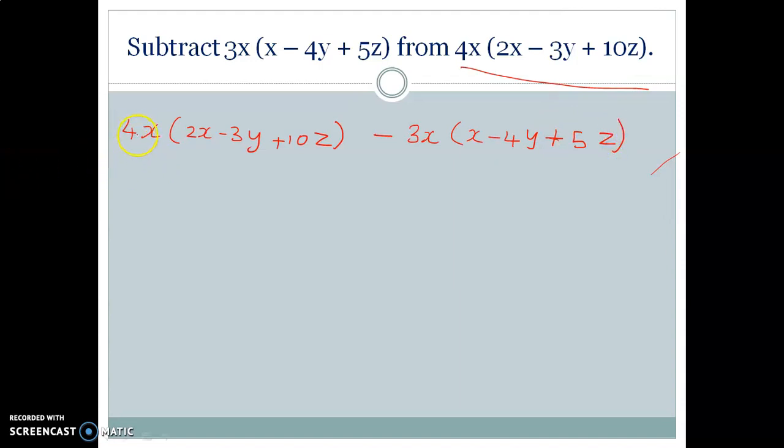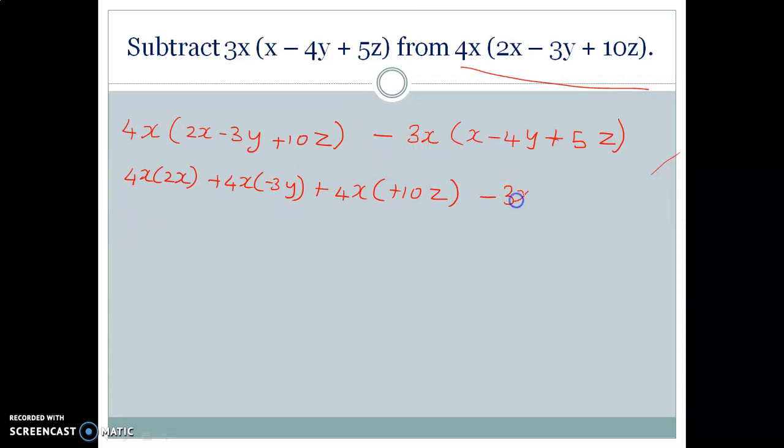Here you have to multiply with each and every term. 4x into 2x plus 4x into minus 3y plus 4x into 10z. Okay. Now, what are you going to do with minus 3x? Yes. Be careful.